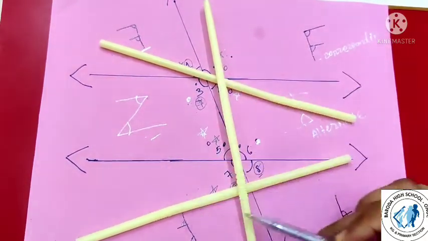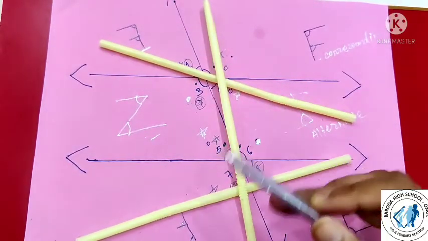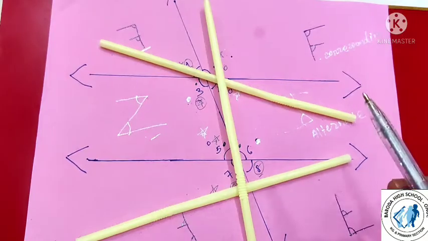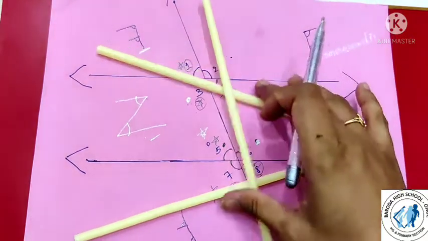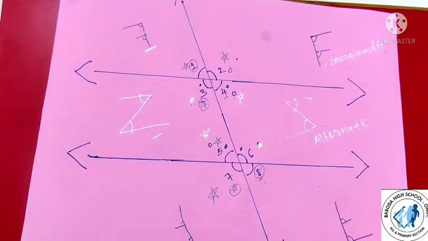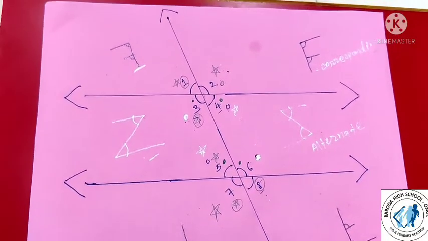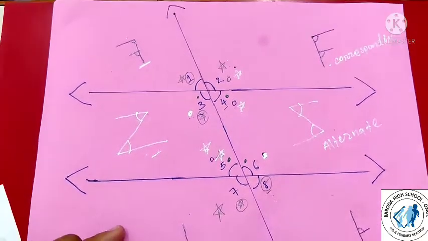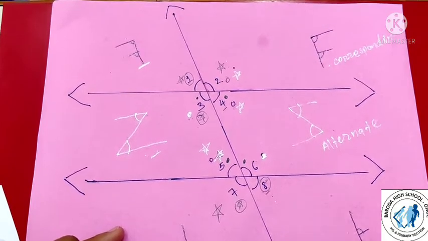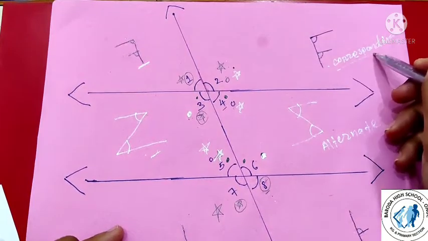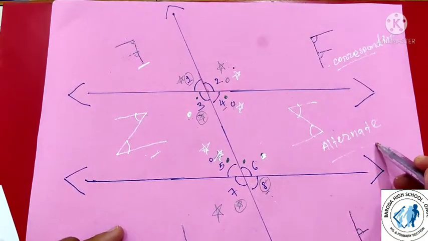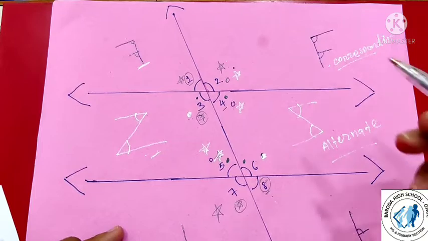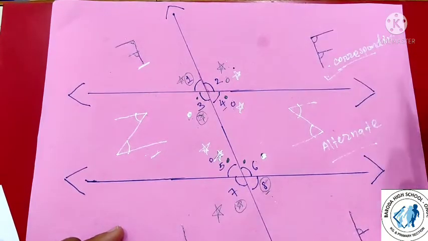So in this kind of case, the pairs of angles will not be same. But when parallel lines are intersected by a transversal, the pairs of angles will be equal. As we see, in the parallel line case, our corresponding pair of angles and alternate pair of angles will be same.